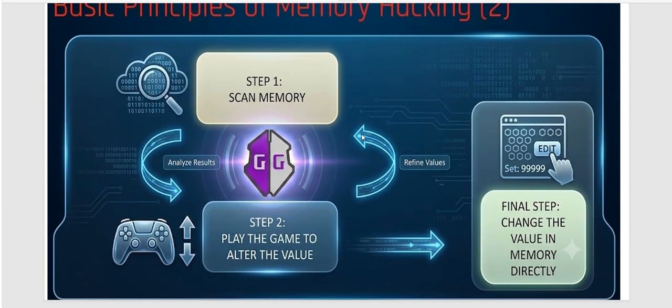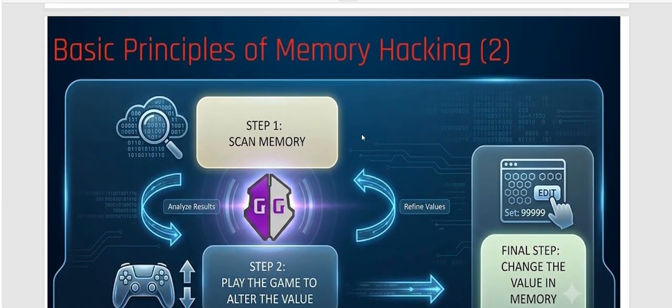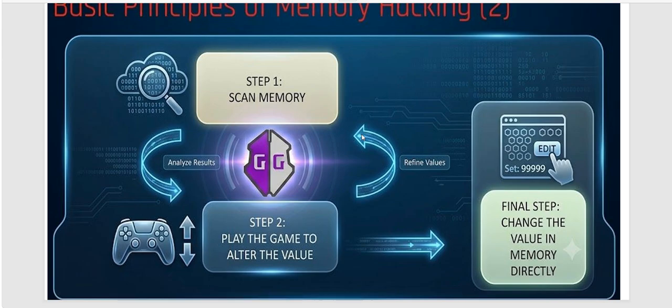And after that, we will see the basic principle in memory hacking. Actually, in every memory hacking, there is only one basic principle. We will scan the memory, and after scanning, we will find the encrypted value or a normal value. In this case, we will take that as a normal value. This is just a basic example.